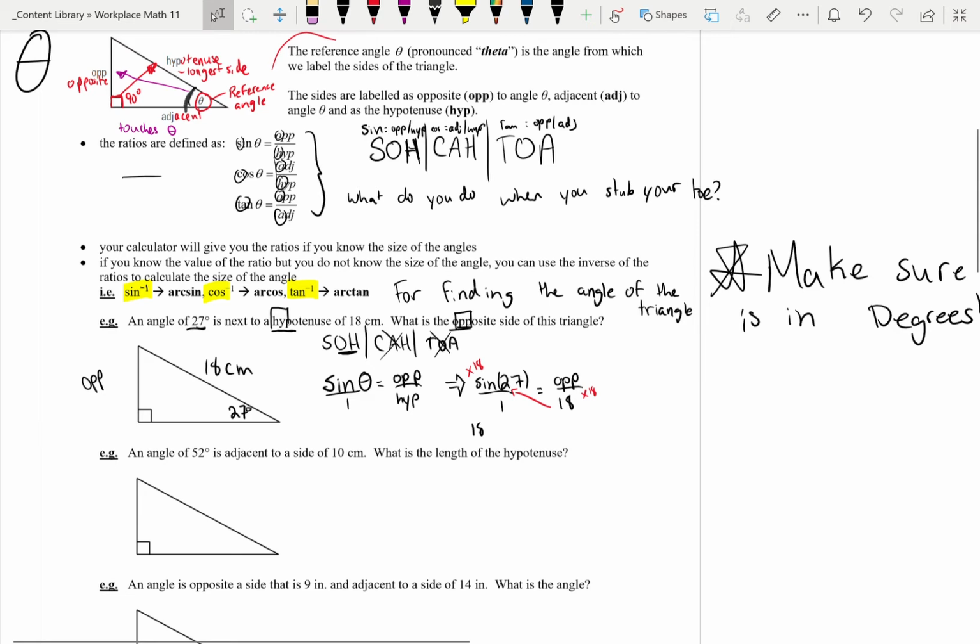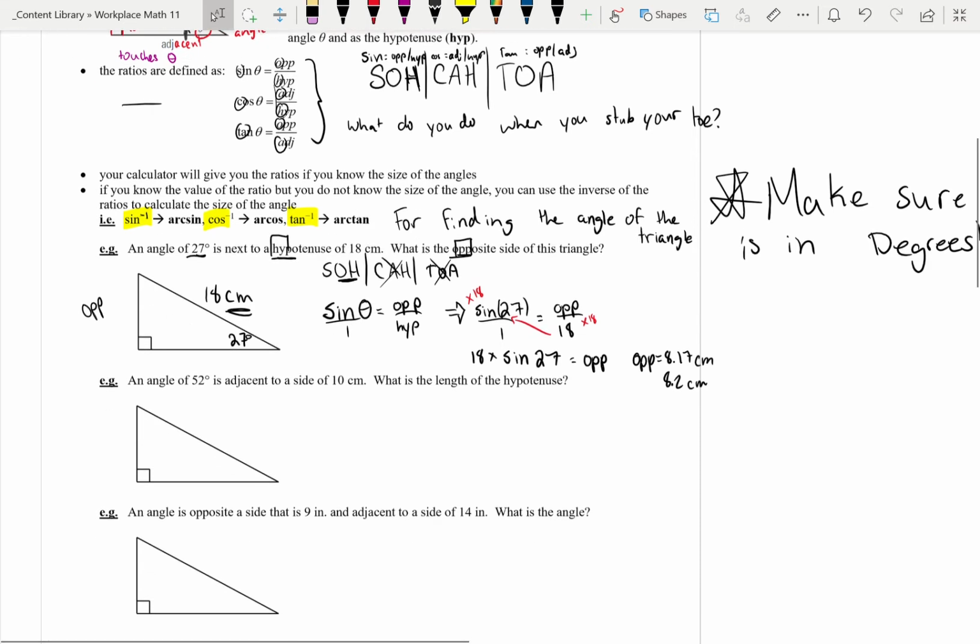So I have 18 times the sine of 27 is equal to my opposite. And this gives me opposite is equal to 8.17 feet. Or I can put 8.2 feet. Or sorry, it should be centimeters. My bad. So I'm keeping the same unit that I started with.